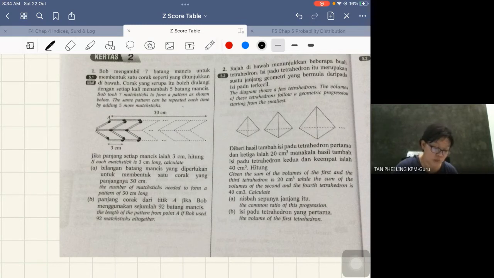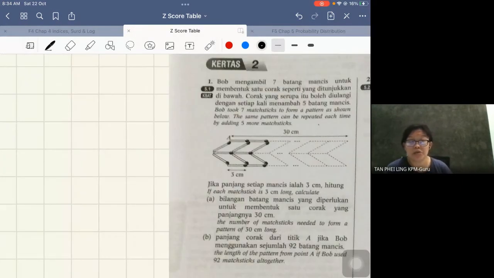So the first thing you have to identify is whether it is an AP or a GP.